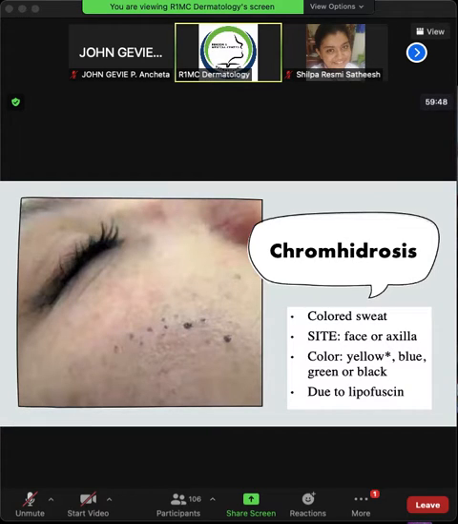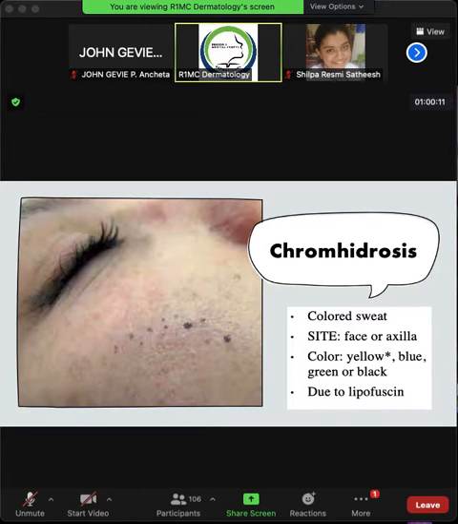Next are your colored sweat. So these are rare functional disorders of your apocrine sweat glands, frequently localized to the face or axilla, and less noted in the abdomen, on the chest, in the breast, thighs, and lower arms.